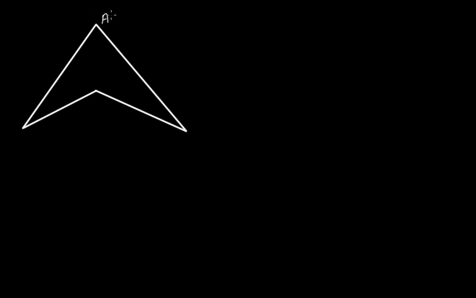Let's say this is A, this is B, this is C, and this is D. Now what I'm going to do is join these two non-consecutive vertices. So this is a diagonal, and now when you see here we have two triangles. This is triangle 1 and this is triangle 2.